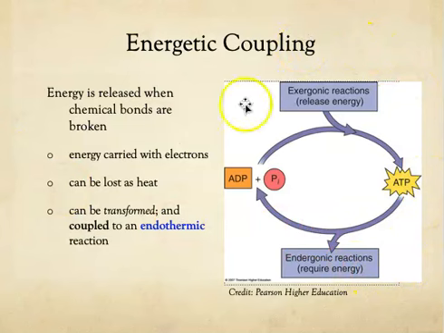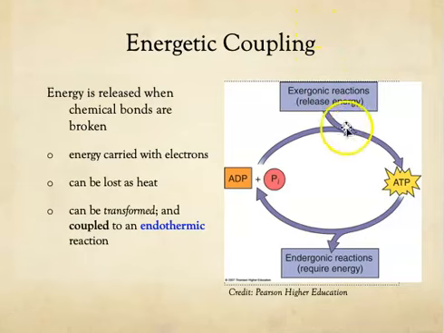Well, this is sort of the classic diagram. Remember, the energy is being carried with electrons. So, when exergonic reactions occur, energy is released. What the cell can do is capture those electrons in covalent bonds, and specifically, it will be a phosphate bond inside of this ATP molecule.